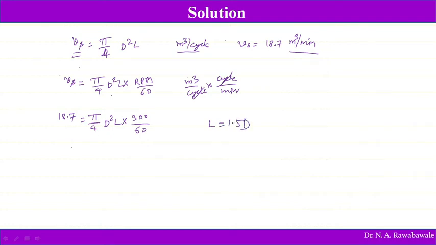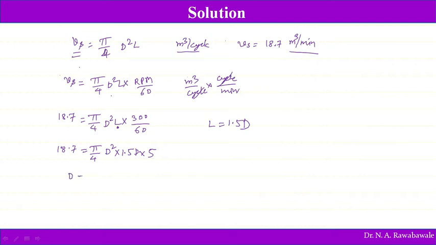So substituting this, 18.7 is equal to pi by 4 D square. In place of L we substitute 1.5 D into 300 divided by 60.